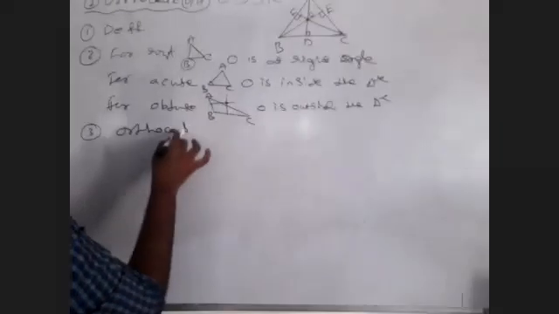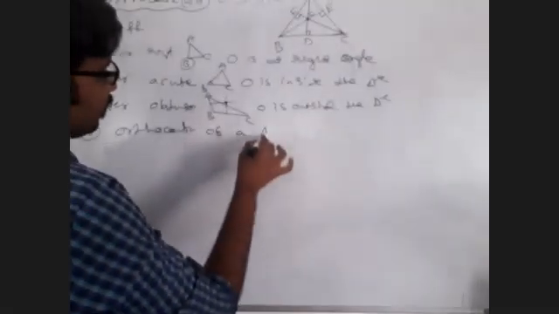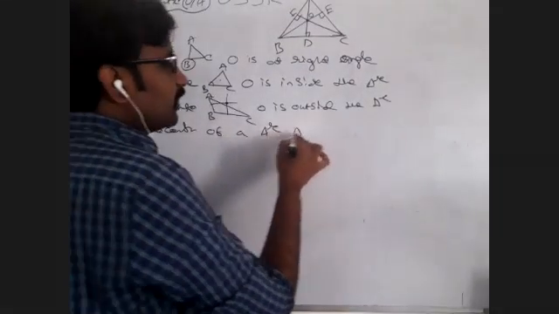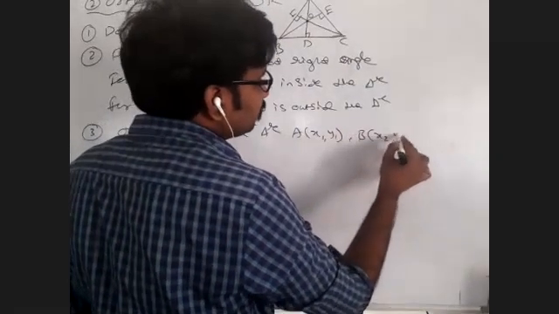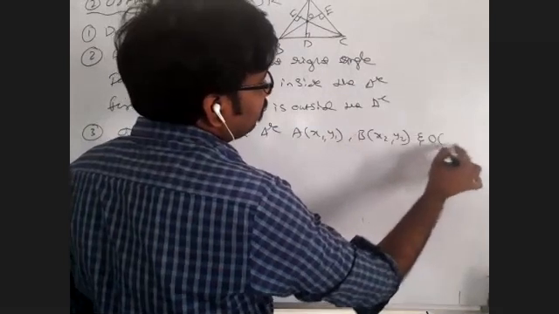Now, the orthocenter of a triangle with A x1 y1, B x2 y2, and one more vertex 0, 0.